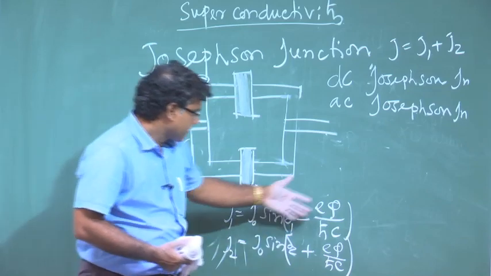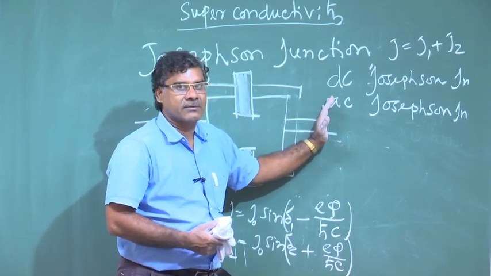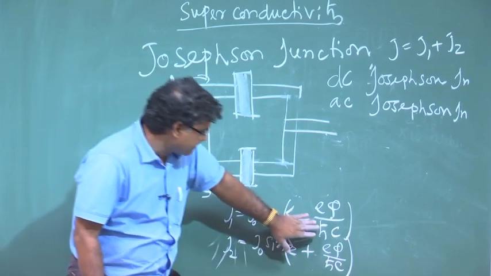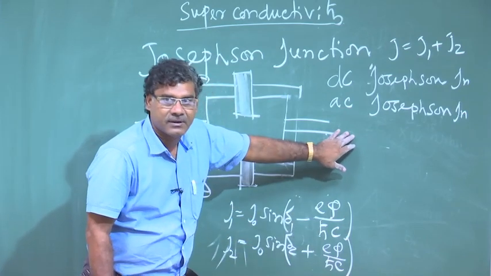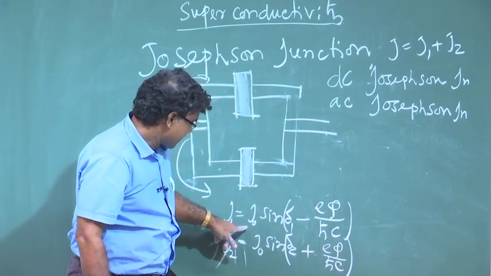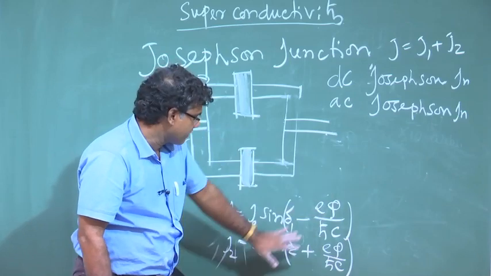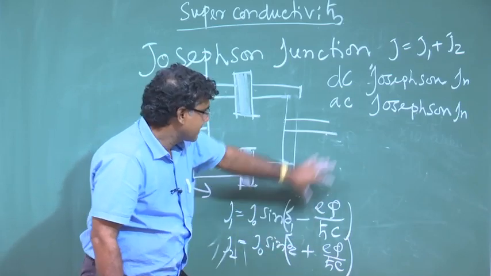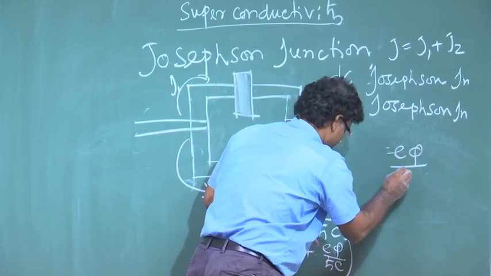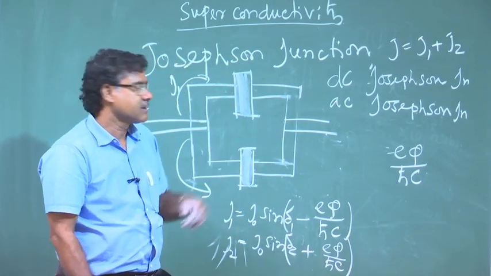Whatever total current we get, we will get the interference, and one can find that it is 2 times J0 with some sine and cosine terms. I will not write it out. So, that current will depend on this term.